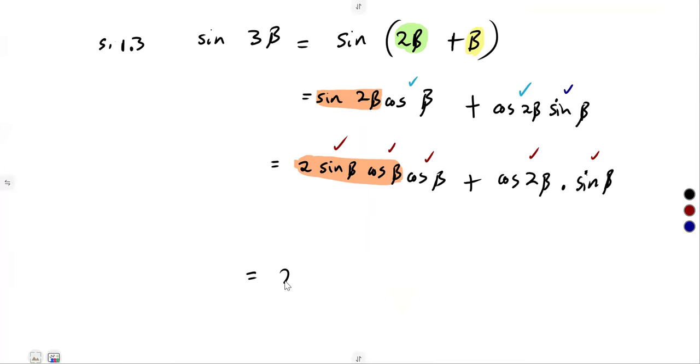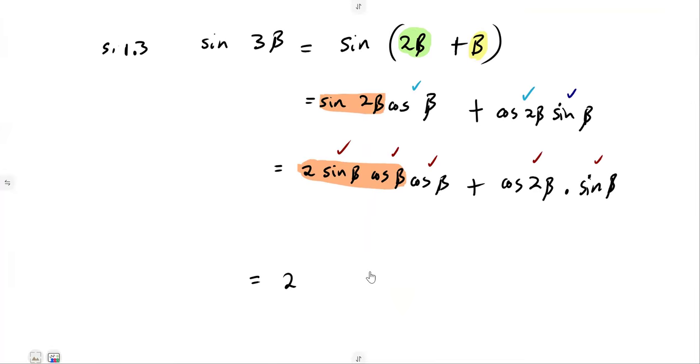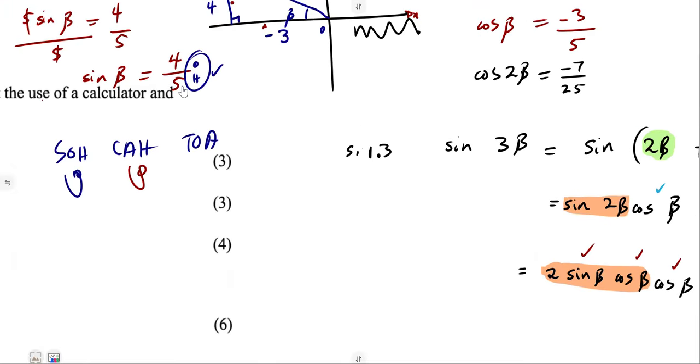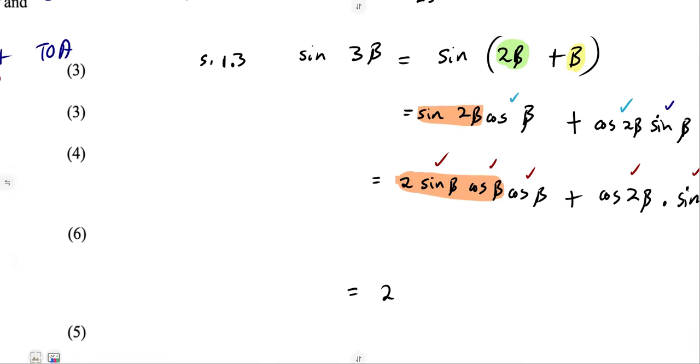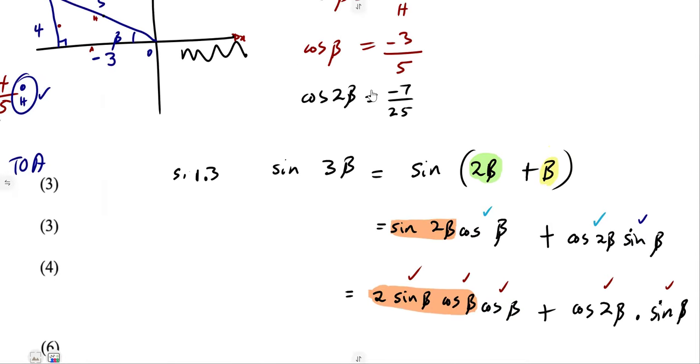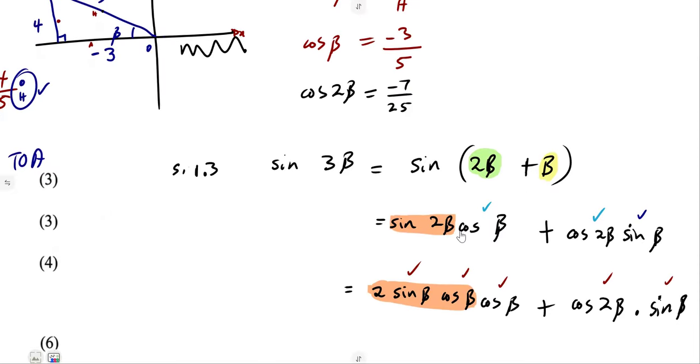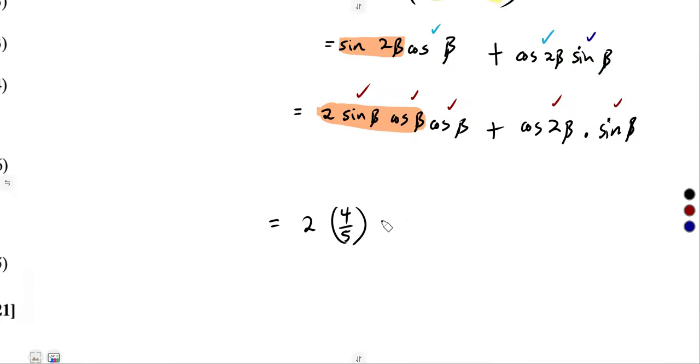So let us substitute. Sine of beta is 4 over 5, so 2 times 4 over 5, times the cos of beta, which we calculated. Cos beta is minus 3 over 5, so you're going to multiply by minus 3 over 5. The other cos beta is the same, minus 3 over 5.